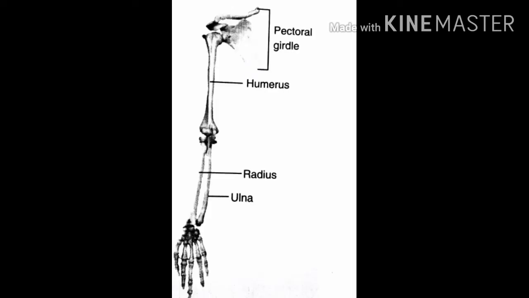Functions of limbs. The forelimbs help in performing several functions such as holding, lifting and gripping.